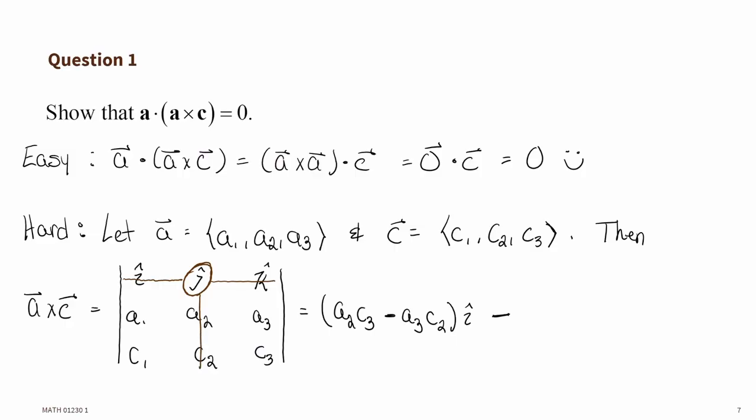Do the same thing. Cross off the row and column. You're left with a 2x2 matrix. Take its determinant. And then it's times that J hat.